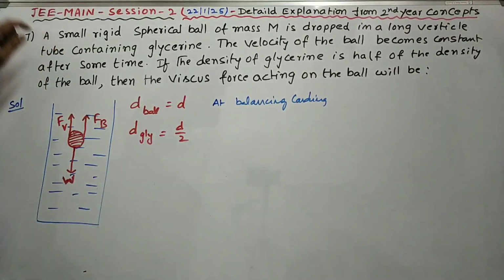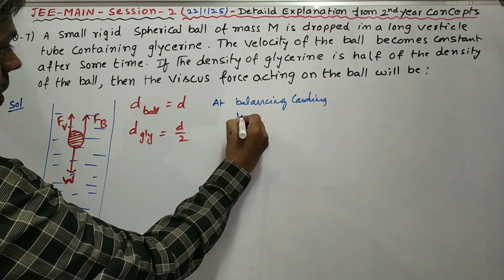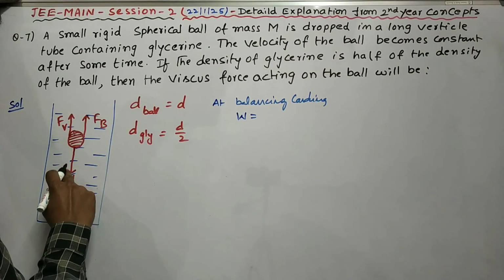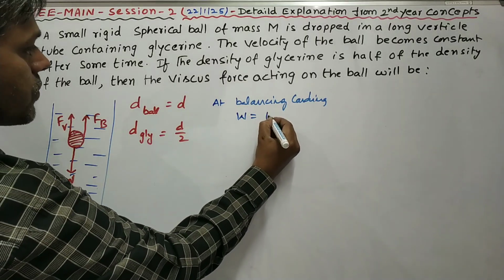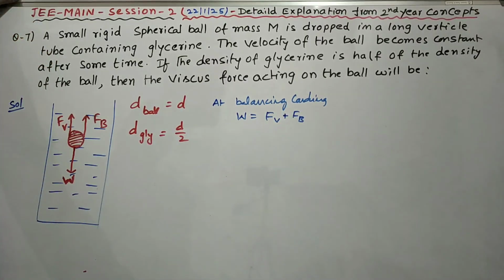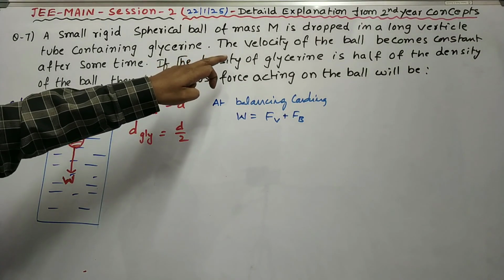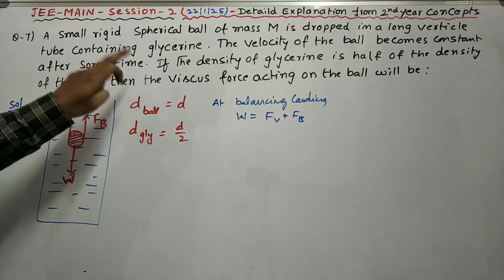Balancing condition means the downward force is equal to the upward force. That means the downward weight of the ball is balanced by the upward acting viscous force plus the force of buoyancy. The ball attains constant velocity after some time.